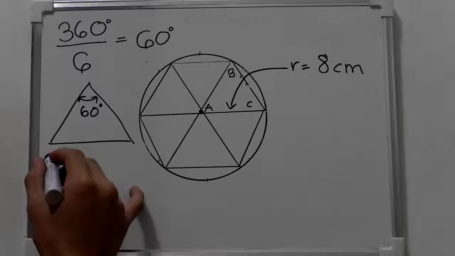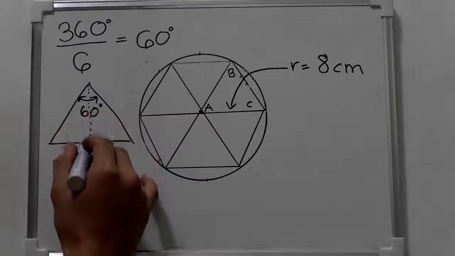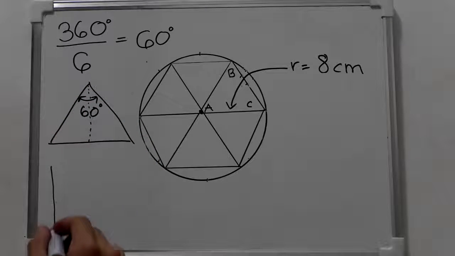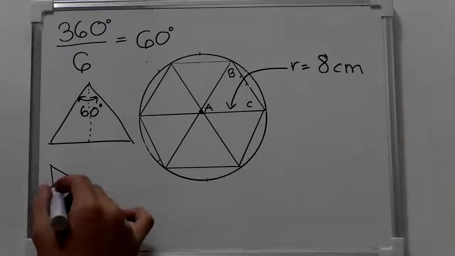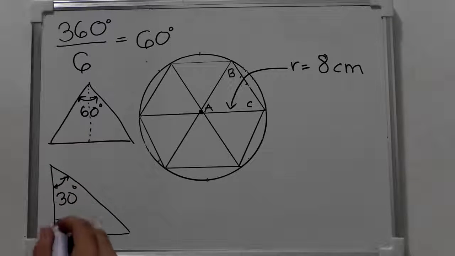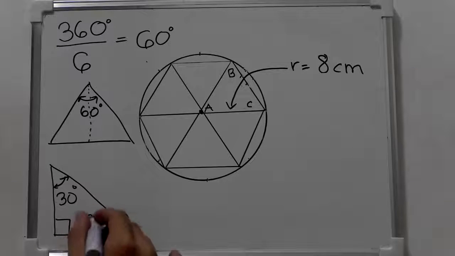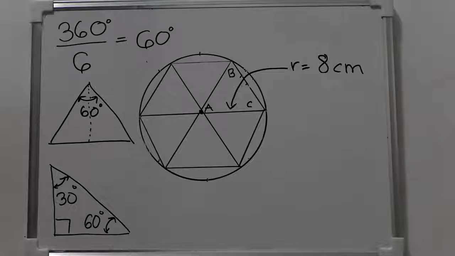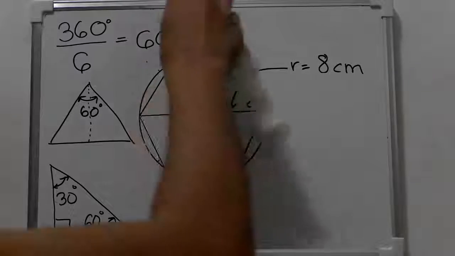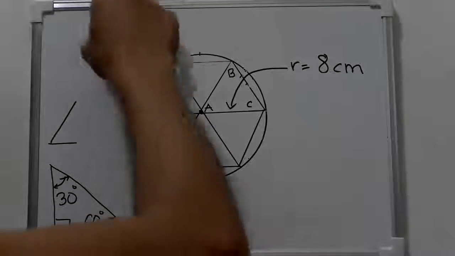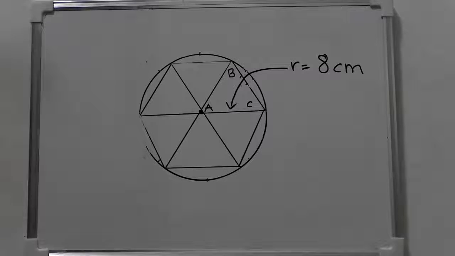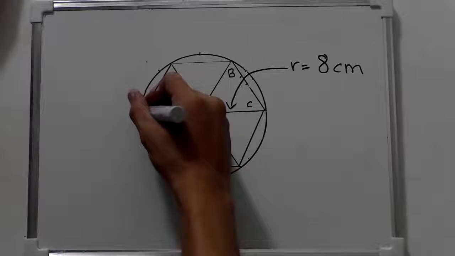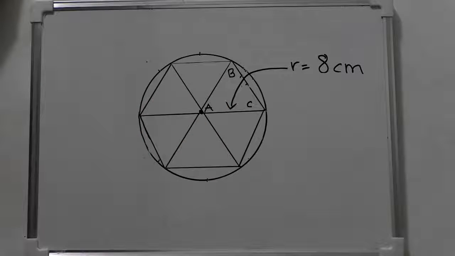But our triangle is an equilateral triangle. This is made up of two right triangles. So the angle we will be using is 60 divided by 2. So we have now the angle 30 degrees.